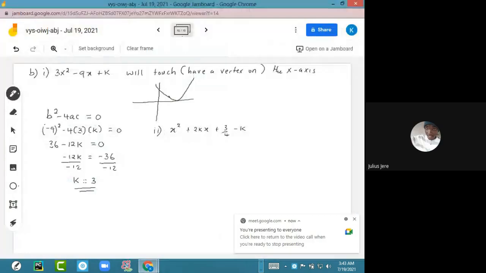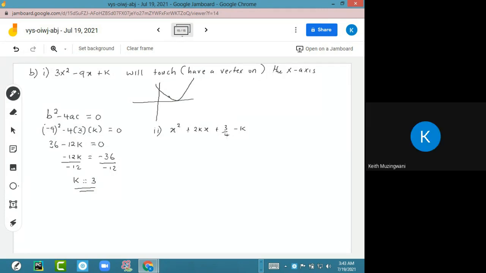Yes, sir. Was that 6 squared or 9 squared? 9 squared. When it's 9 squared, what do we get? We get 81, so that we get 81 over 12. Okay, that's a good observation there.